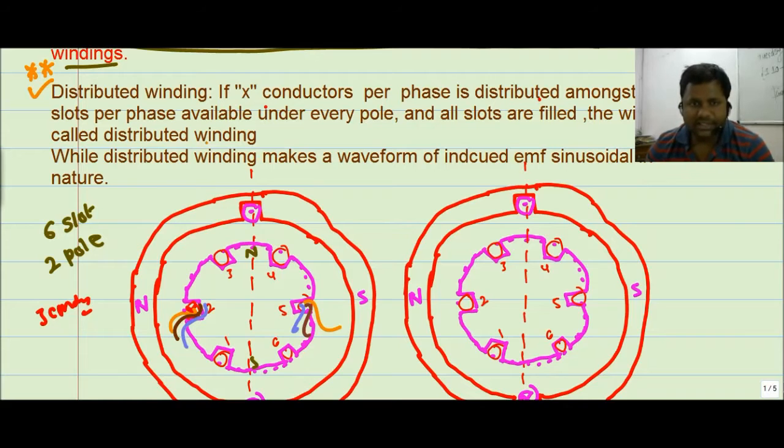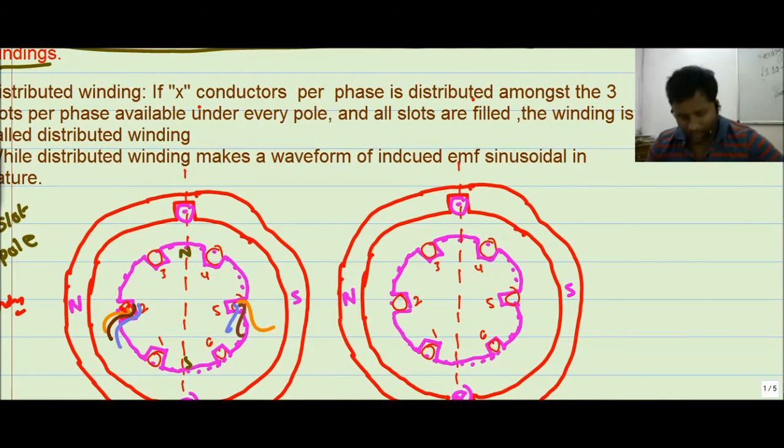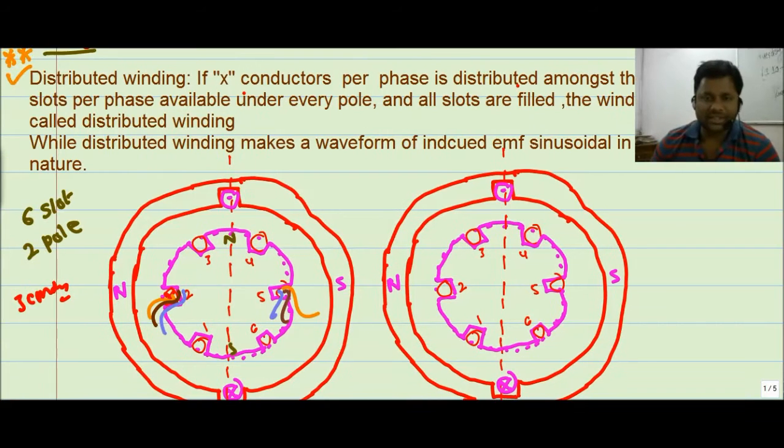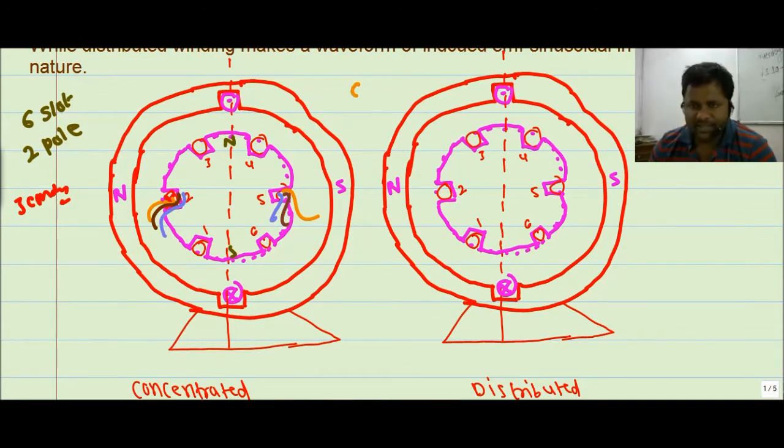Now, in the distributed winding, the X conductors per phase are distributed amongst the 3 slots per phase available under each pole, and all the slots are filled. Yes, all the slots are filled, and the winding is called distributed winding. Here we are considering the same case: 6 slots in the rotor with a 2-pole machine.